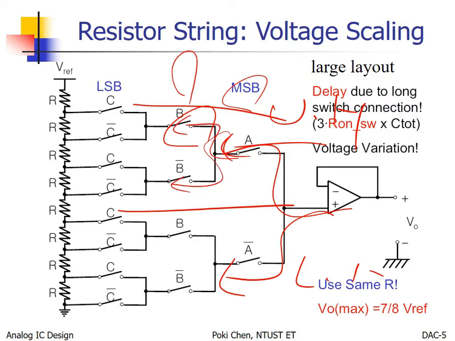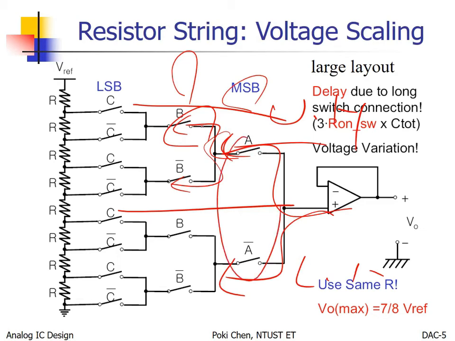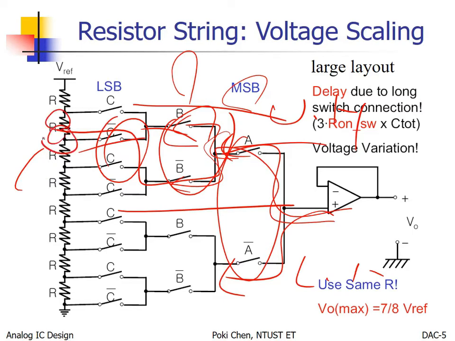Exactly the same operation principle can be applied not only to the MSB, but to the second bit, the third bit, all the way to the LSB. And finally, we will go this way, that way to touch the proper voltage dividing node. Very simple, very easy.